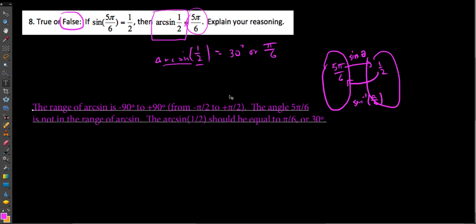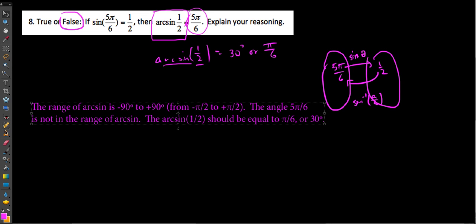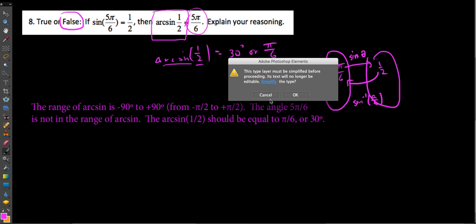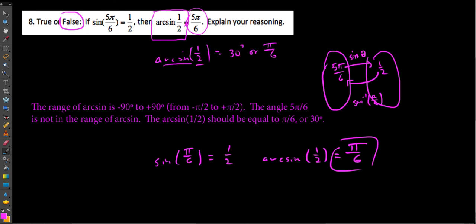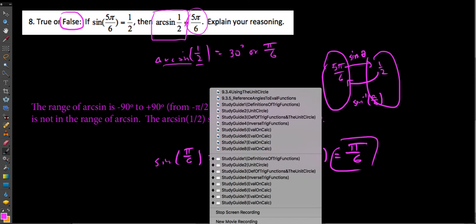If I had started with, say, sine of pi over 6 equals a half, then is this true: the arcsine of a half equals pi over 6? This would have been totally okay, because this is an angle between negative and positive 90 that gives us a sine of a half, and that would have been within the acceptable range. So be on your toes with respect to questions like this regarding domain and range of inverse trig functions. Cheers.